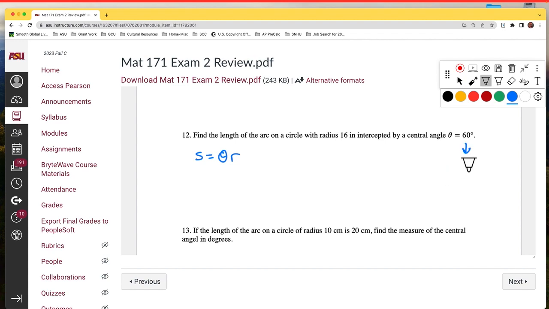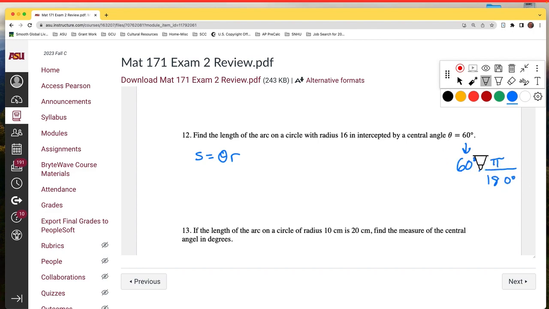And how do we do that? It's 60 times pi over 180. So pi and 180 are a pair. You could do 2 pi over 360, but the best one to use is usually pi, that's 180 degrees.